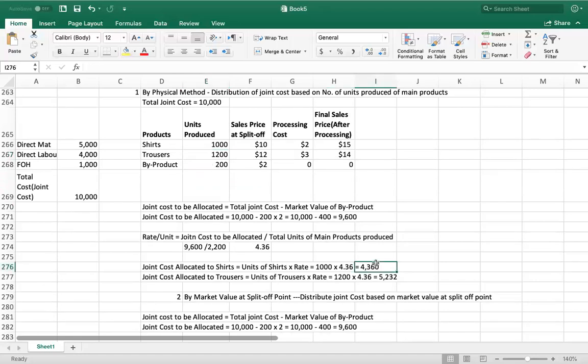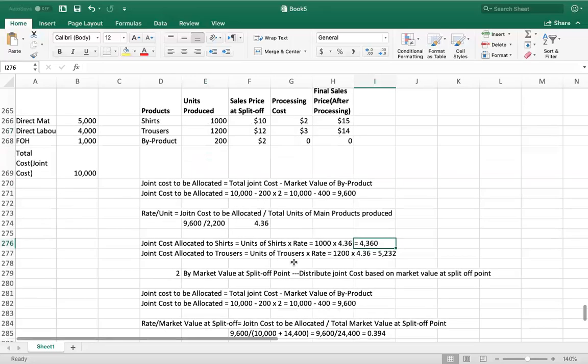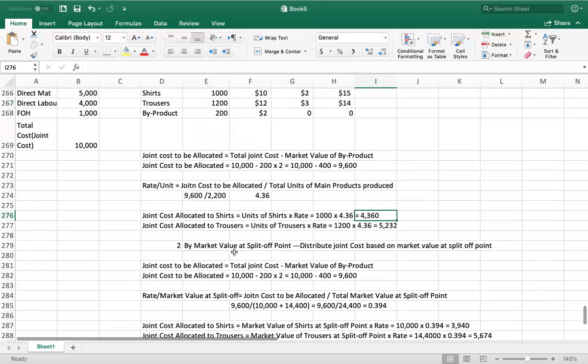If you add these two values, it will give you approximately 9,600. Maybe you will find some 4, 5, 6 difference, but this is okay. So that is the first method, based on number of units. Second method is by market value at split-off point. In the same way, but you will only change the formula.